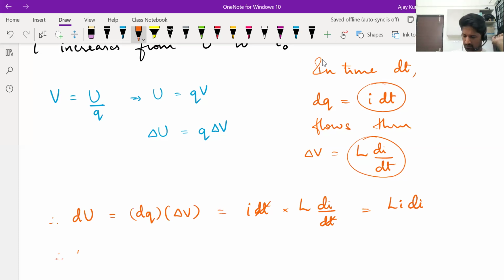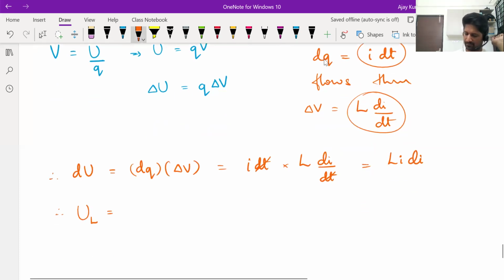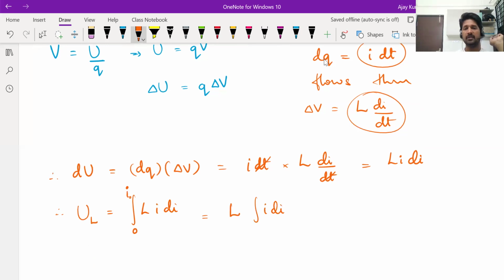Therefore, the total energy stored in an inductor becomes the integral of this: integral L I di when current changes from 0 to I, or I naught, you can take the final current. L is a constant, put it outside, integral I di. How much will that be? What is integral x dx? Or what is integral I di?